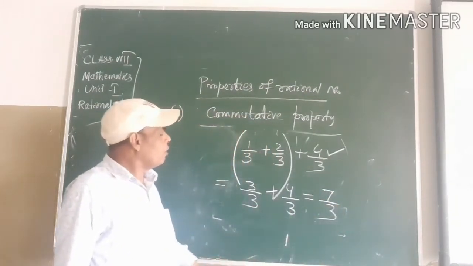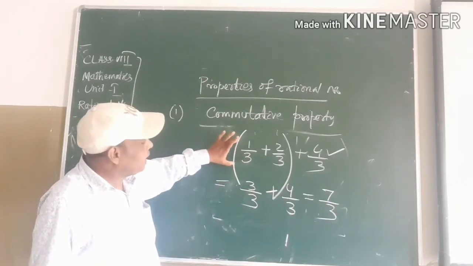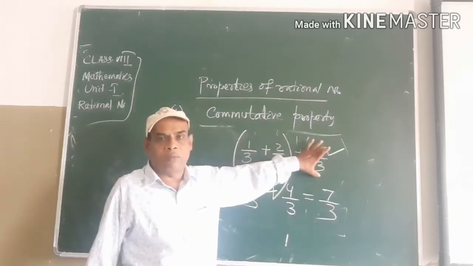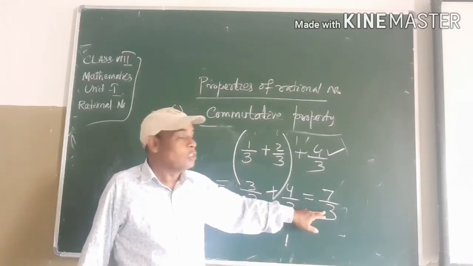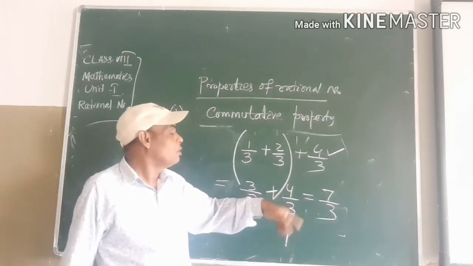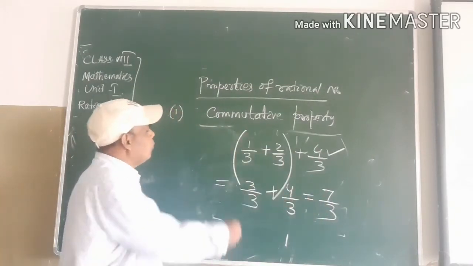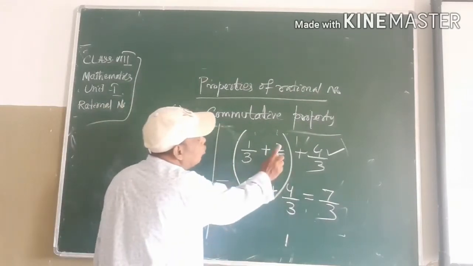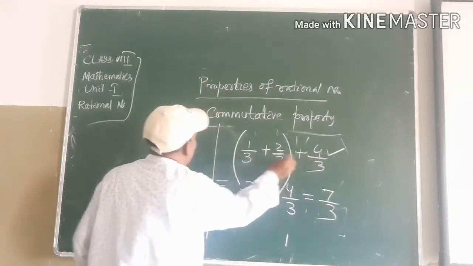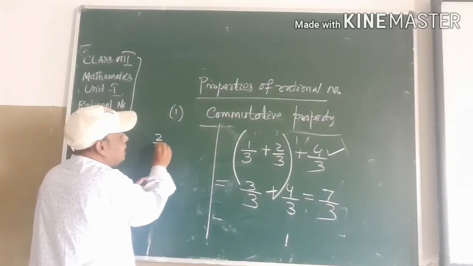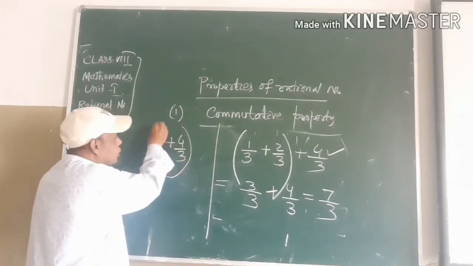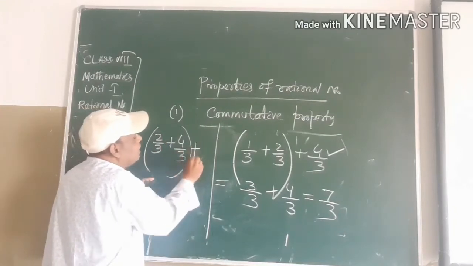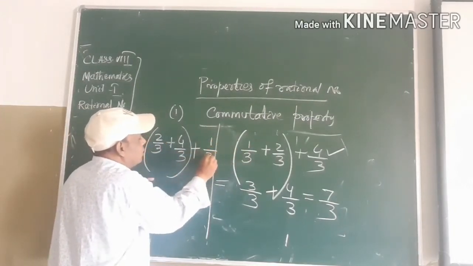So now you observe, whenever we are adding these three rational numbers, finally we are getting this result. Now you try. Suppose you write 2 by 3 added to 4 by 3. Whatever result we get will be added to the first one.